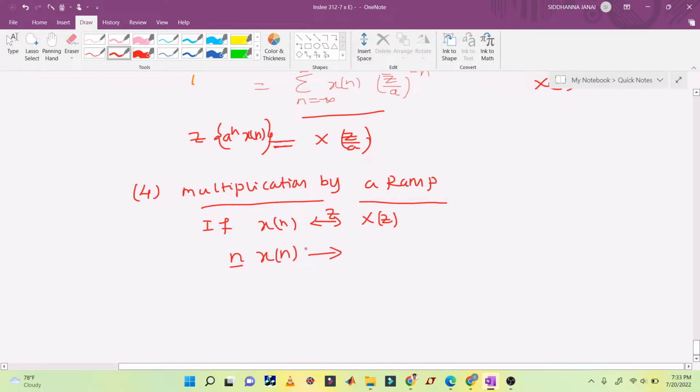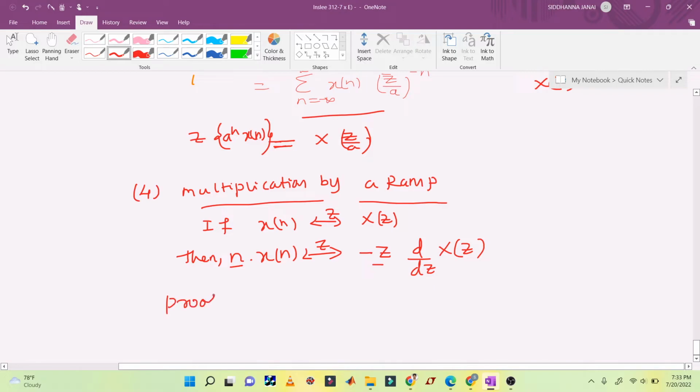So this will produce a z transform equal to minus z d by dz of X of z. So multiplying by n is equivalent to taking X of z of the given x of n, differentiating it and multiplying by minus z. Okay, so this is the property.